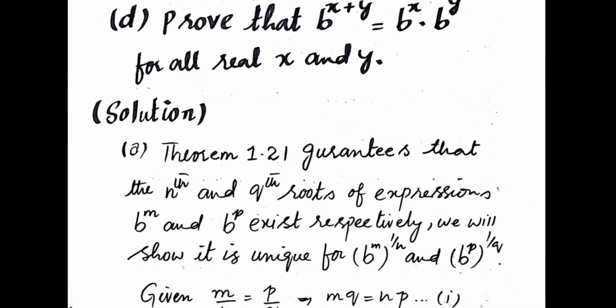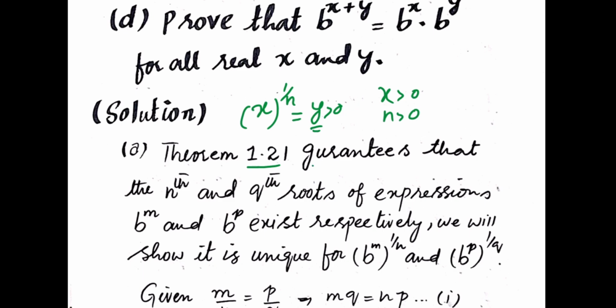Theorem 1.21 guarantees... What was theorem 1.21? Theorem 1.21 says that the nth root of any positive real number x is unique and it is equal to some positive real number y. If x is any positive real number and n is any positive integer, then its nth root always exists and it is unique and it is equal to a positive real number y.